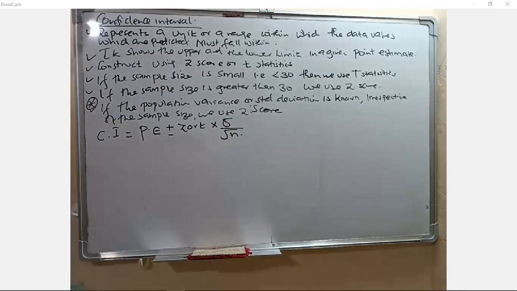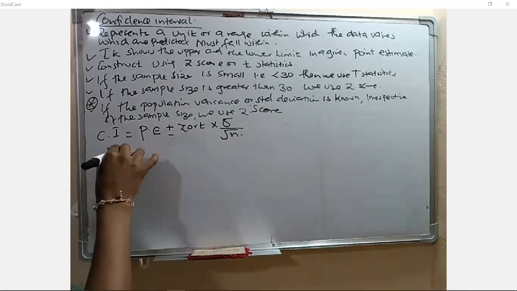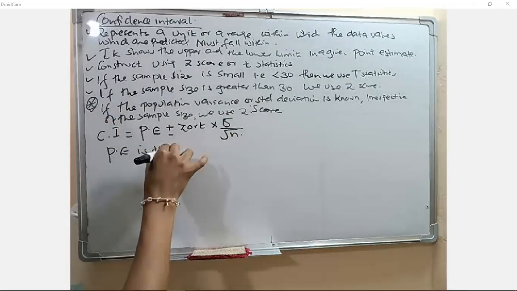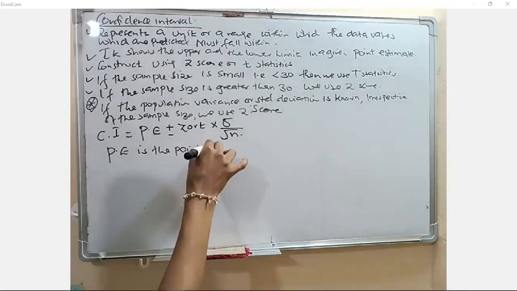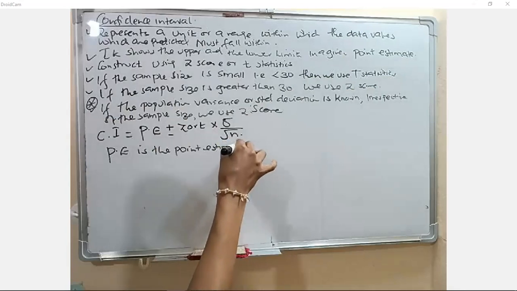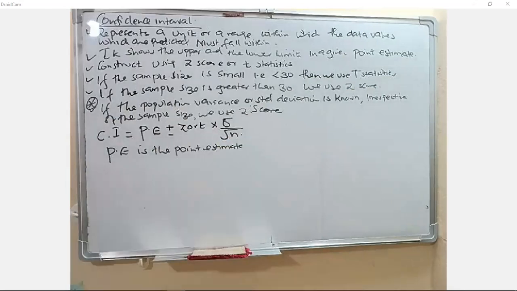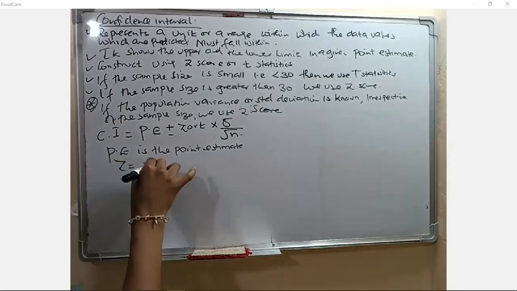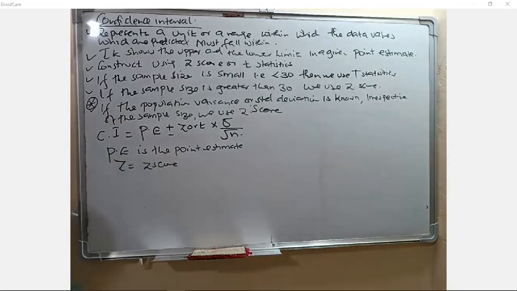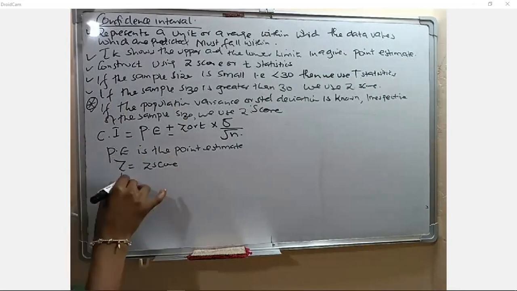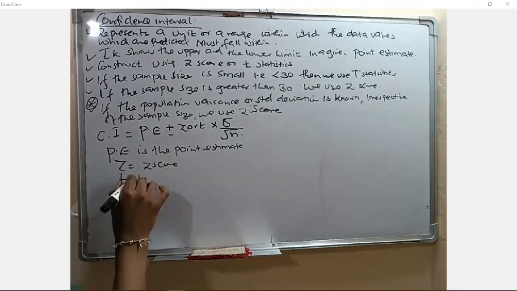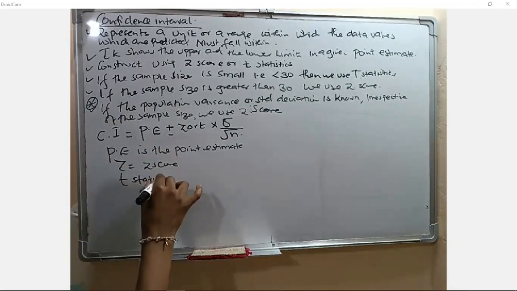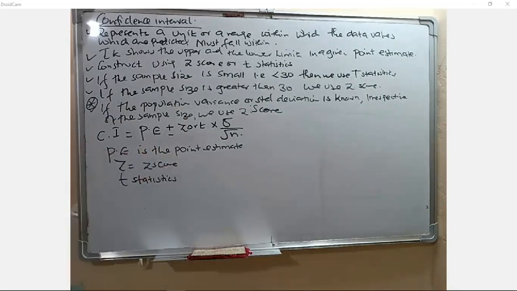Now, you remember very well, PE is the point estimates. Then we have our Z, which is the Z-score. We have our T, which is the T statistics found in our tables.